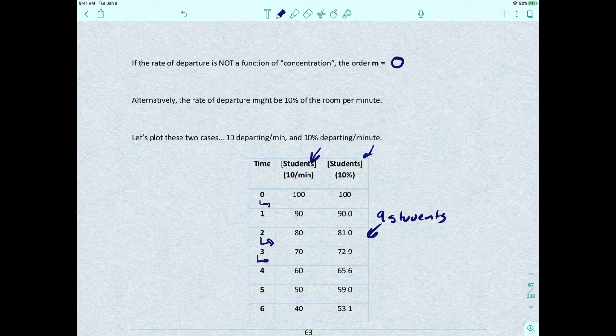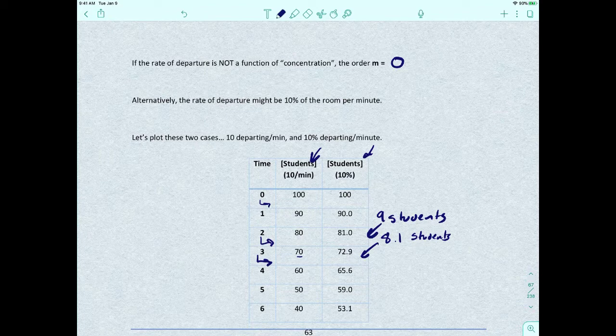Now, if I go another minute, with the constant 10 students a minute, we're down to 70. So we're down 30 students in this situation. If I take 10% of the students in the second column, that would be 8.1 students. That gives us 72.9 students left.